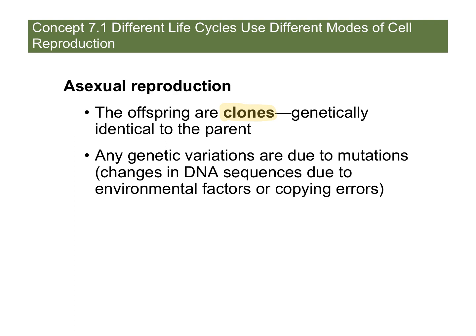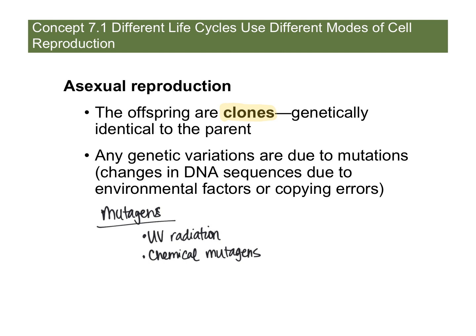Anything that causes a mutation to happen is known as a mutagen, and these can be due to things like UV radiation or any type of chemical mutagen. But it's important to remember that mutations can occur spontaneously during the copying of the DNA itself.